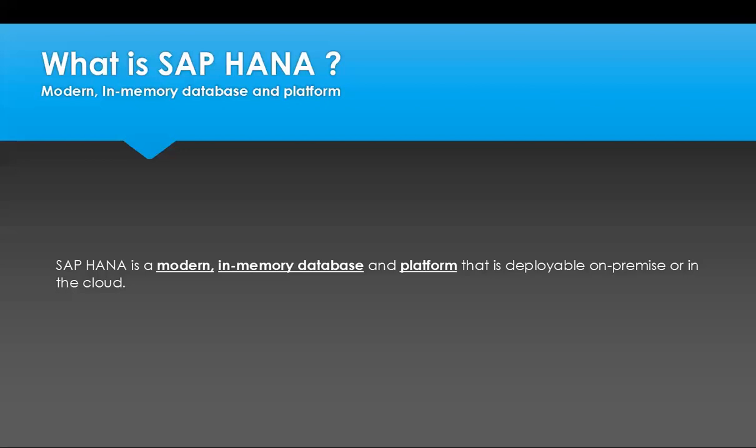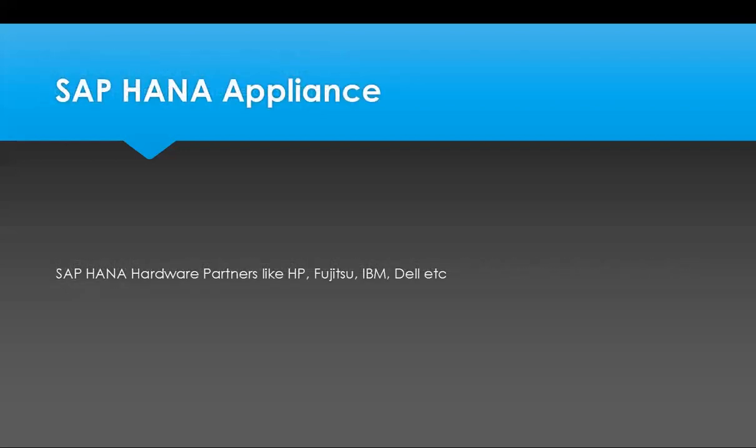So SAP HANA is a platform which integrates a number of SAP components including SAP HANA Database, SAP HANA Studio, and SAP HANA Client. As an appliance, SAP has partnered with leading hardware vendors like HP, Fujitsu, IBM, Dell to sell SAP certified hardware for HANA.